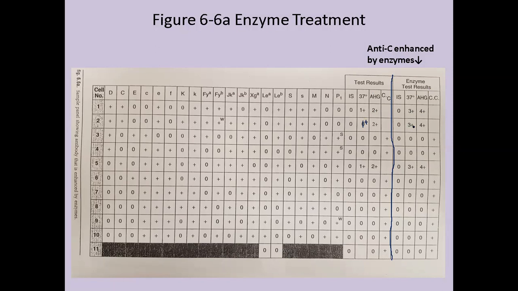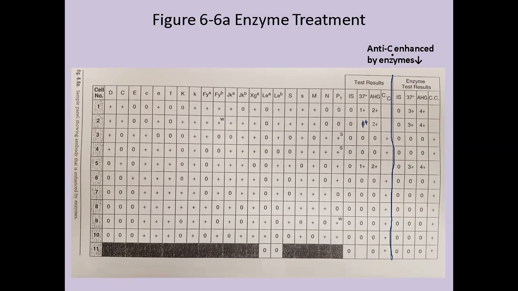Okay, 1+ went to 3+, 2+ to 4+. So our three reacting cells, when the cells were treated with enzymes, we see that we're getting strengthened reactions with enzyme treated cells. And so what's important to note is this example is showing us that the patient's antibody was enhanced with enzyme treatment. It got stronger.